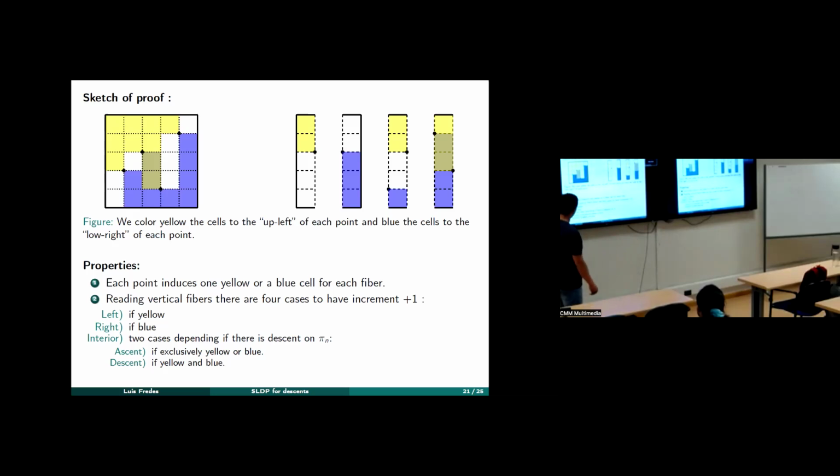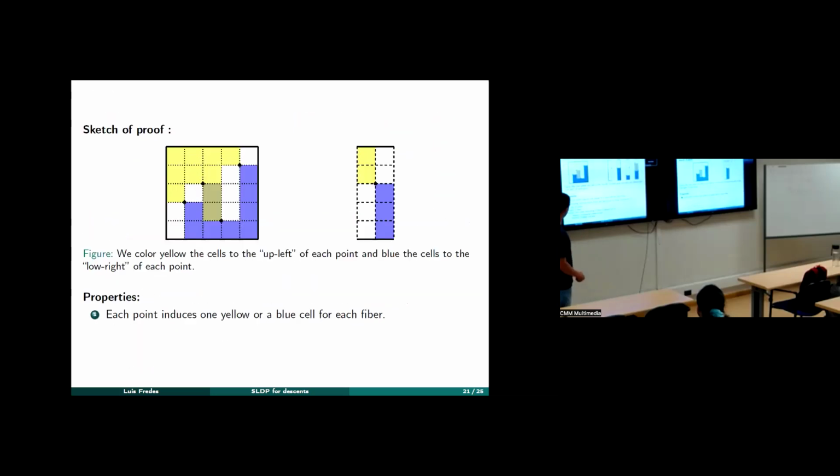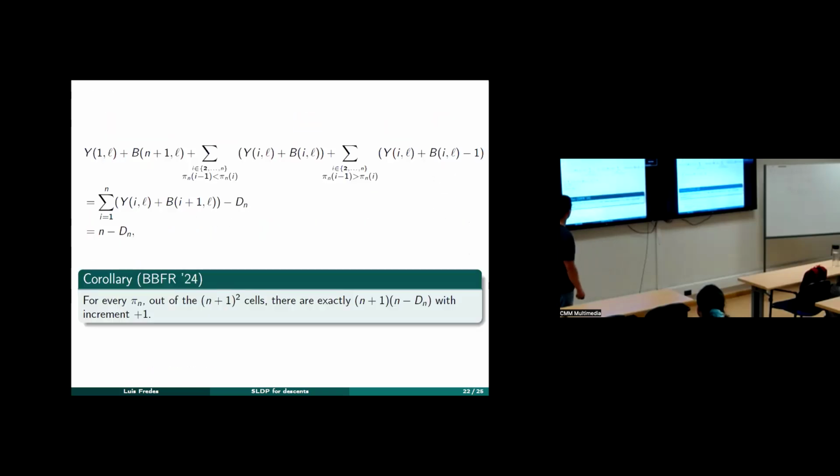Okay, so thanks to both of these properties, we can give a proof of the lemma, which states that there are prescribed numbers of cells for each fiber. So these are indicator functions of yellow or blue.